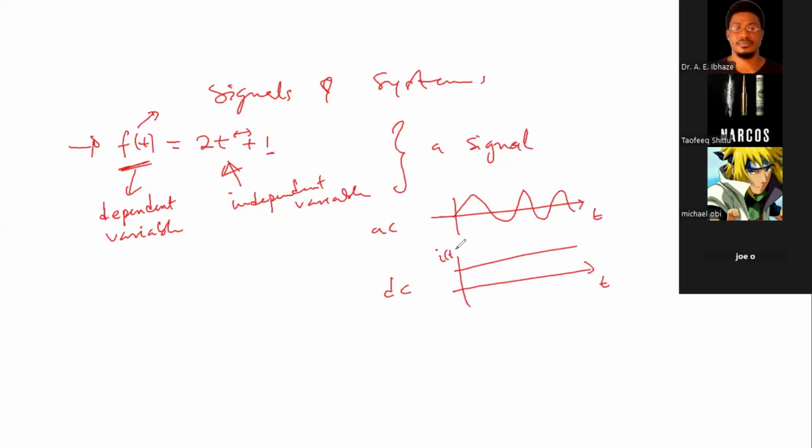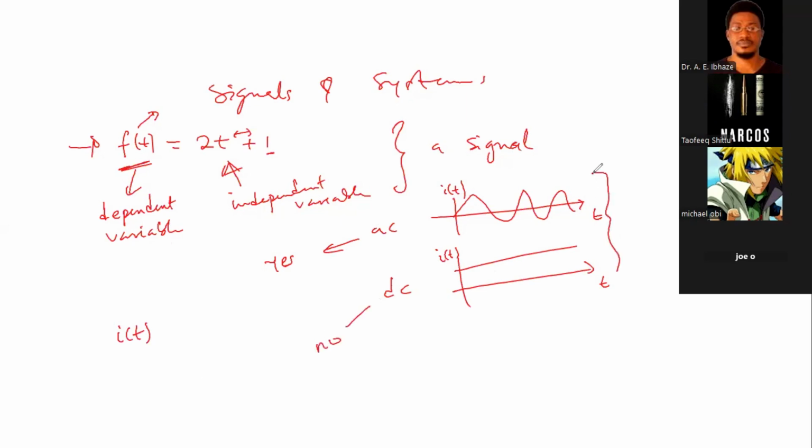This is I of T, this is I of T. If I of T is the dependent variable, is it changing with respect to the independent variable T, time? For the AC, we say yes. But for the DC, we say no.